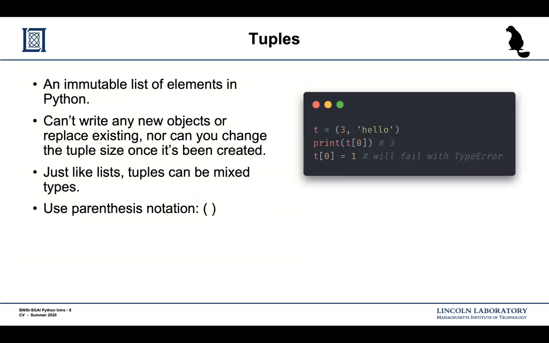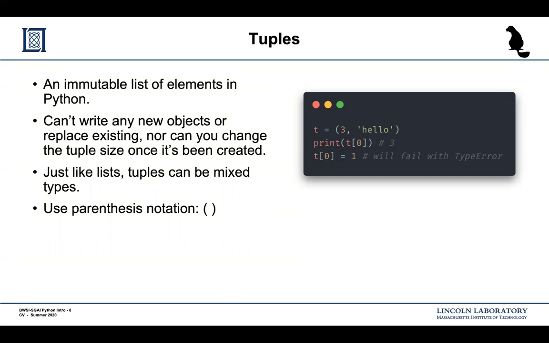It's really good for transporting pieces of data, knowing full well that it's not going to get changed on the way. And the way that you use it is you define it with parentheses notation instead of square brackets. And you see I have a little example there. If you try to do indexing and then set it to something else, that'll fail with a type error.